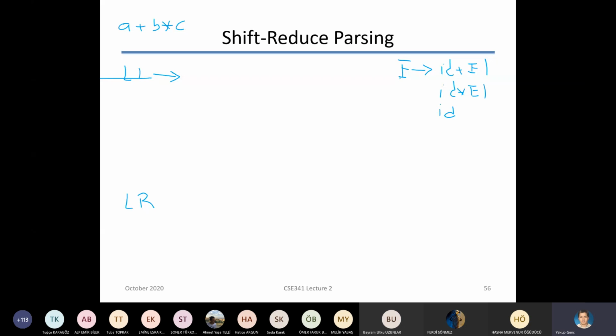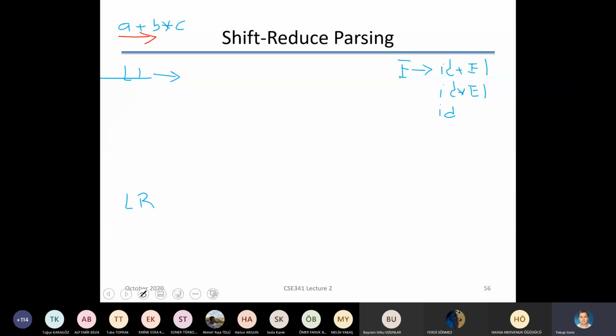So scan the input left to right. This is my input here, and I'll be scanning this with the LL parser from left to right, and that's it.